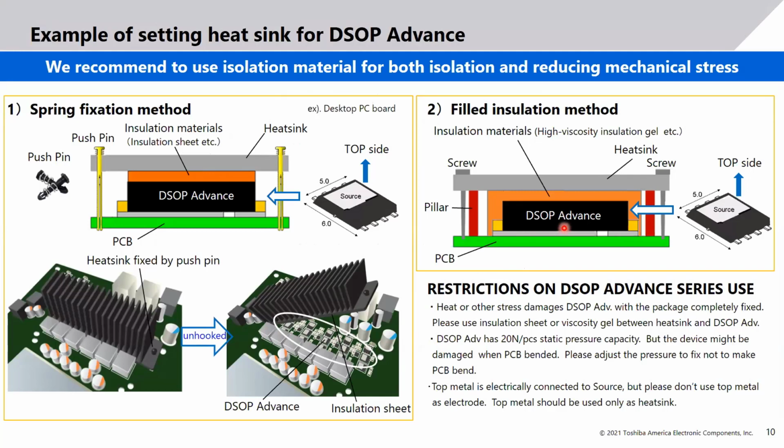This shows the structure, how it has to be mounted. The dual side cooling device is soldered to the printed circuit board. The heatsink is on top, and an insulating thermal interface material, a high viscosity material, has to be used to properly distribute the force of the heatsink, of the screws if screws are used, to all those devices.